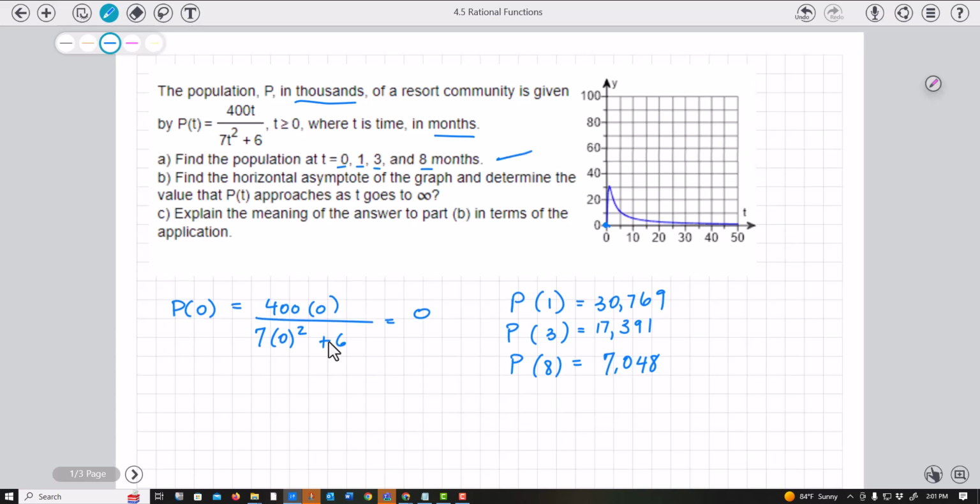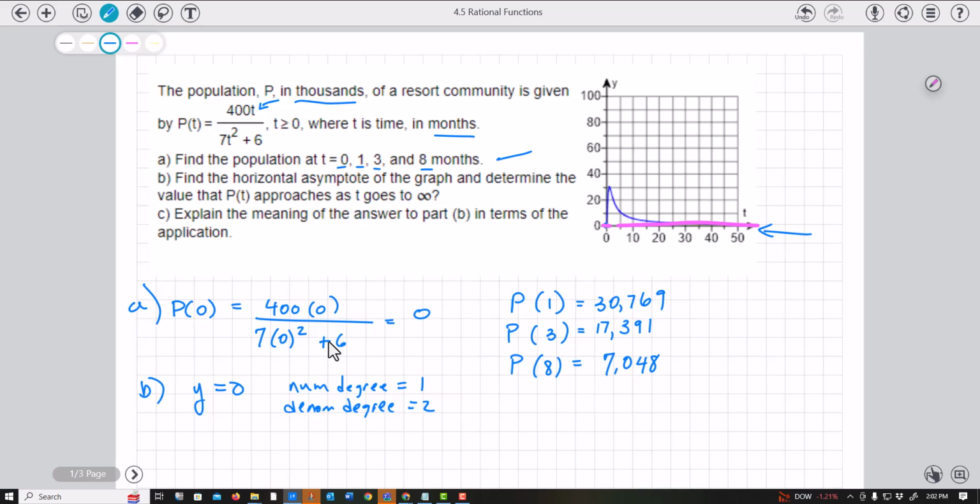Then it says find the horizontal asymptote of the graph. This was part B. I can just tell by looking at it that the horizontal asymptote is going to be y equals 0 because it's hugging the x-axis. But remember how you know that: you look at the degree of the numerator, which is 1 (to the first power), and the denominator degree, which is 2.